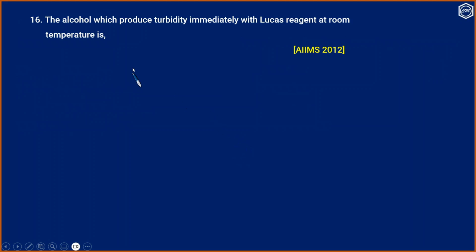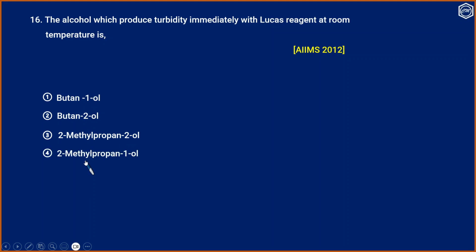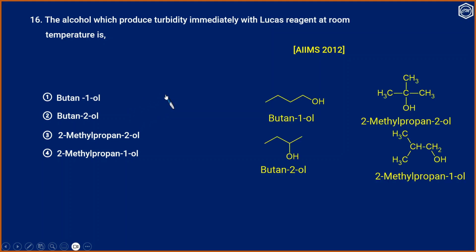Question 16. The alcohol which produces turbidity immediately with a Lucas reagent at room temperature is option 1, butan-1-ol, butan-2-ol, 2-methylpropan-2-ol, 2-methylpropan-1-ol. So to identify the compound, first it is better to write down the structures of these compounds.